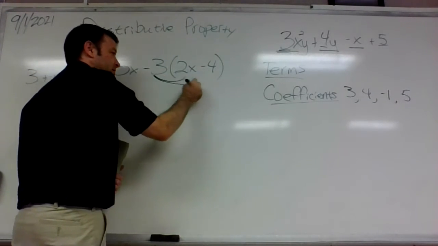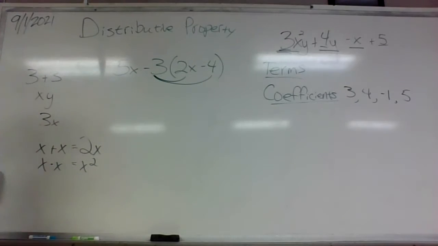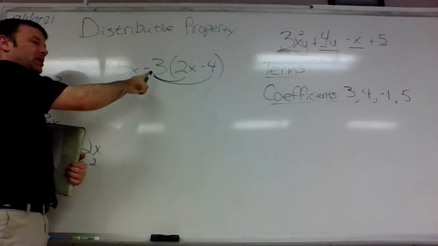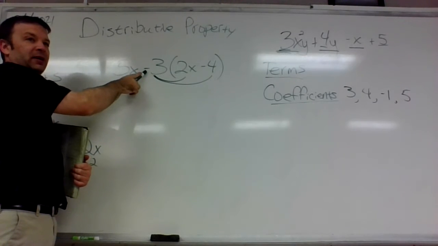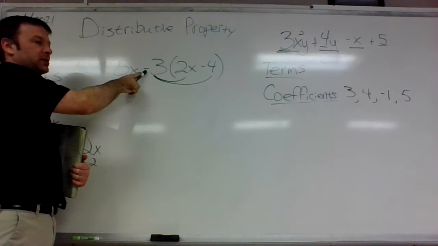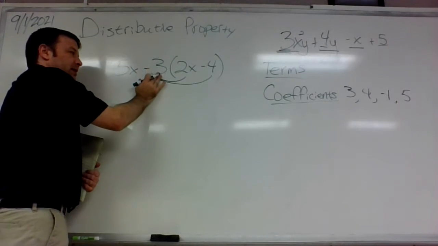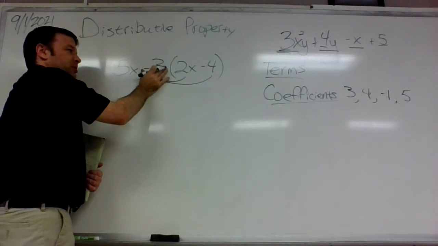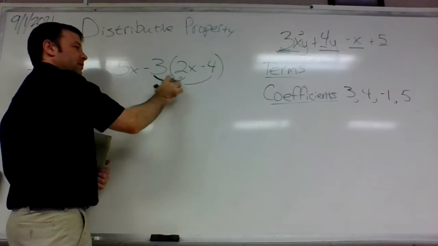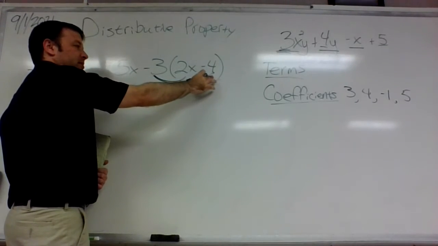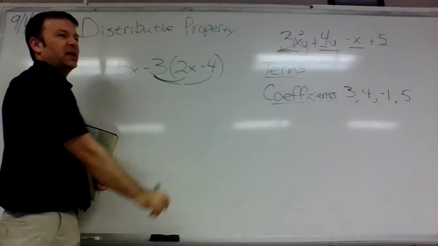Here's the tricky thing though. This 3, you probably shouldn't think of as a 3. You should think of it as a -3. I'm supposed to be subtracting all of this stuff basically. So think of this as a -3 when you distribute it out. And this 4 you can think of as -4 also.